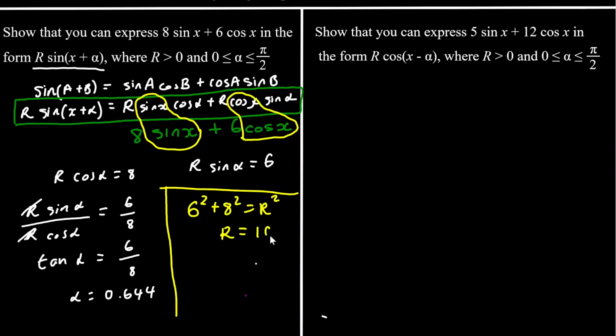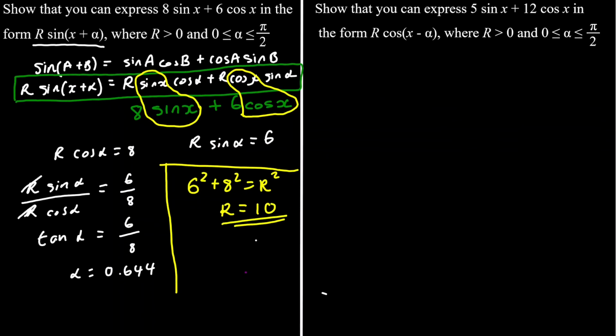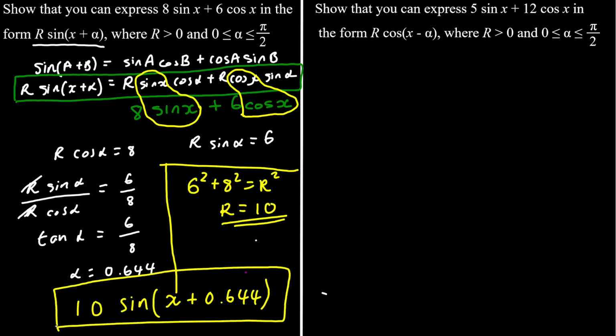Square root 100 is 10. R is 10. So it is 10 sine x plus 0.644. So that is the same as 8 sine x plus 6 cos x.